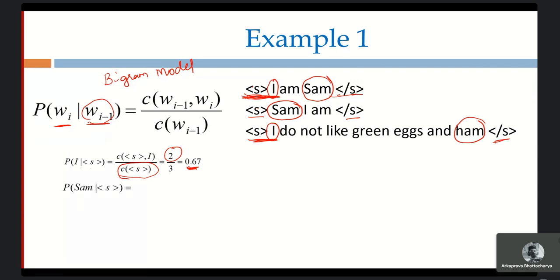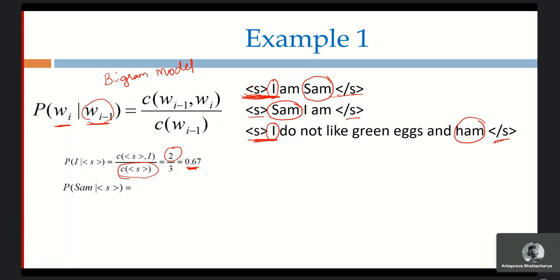Similarly, next, Sam given start. Can you tell me what the probability of this is? That is the count of start followed by Sam, divided by the count of start.